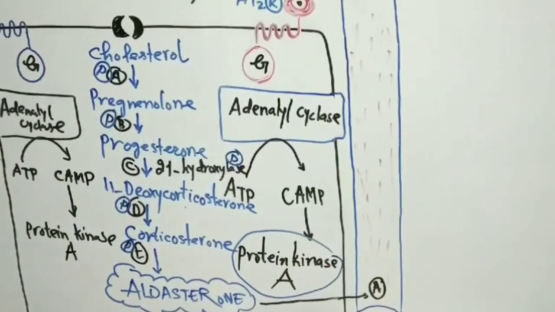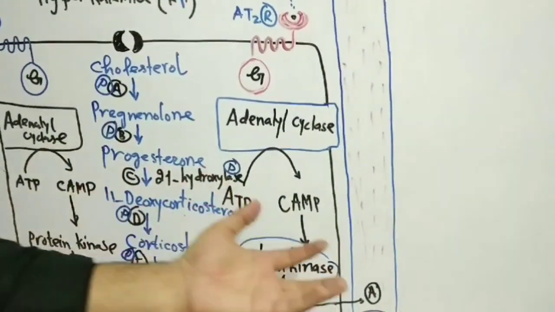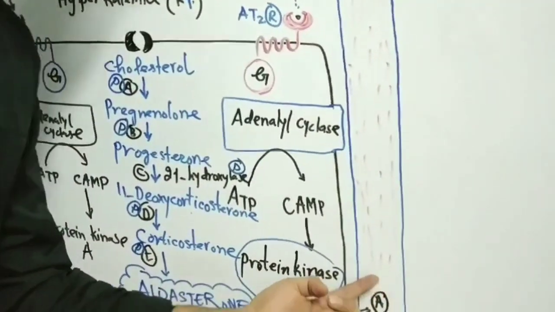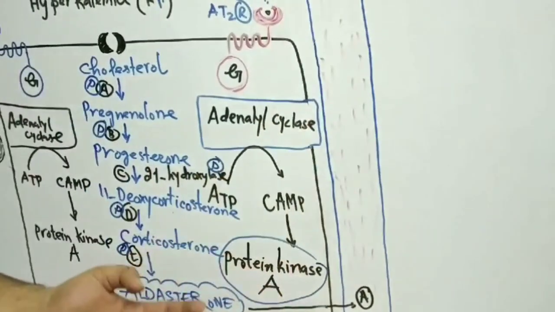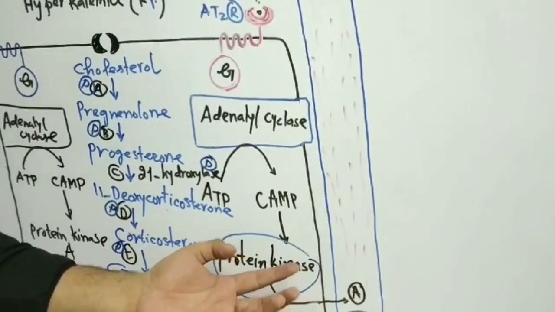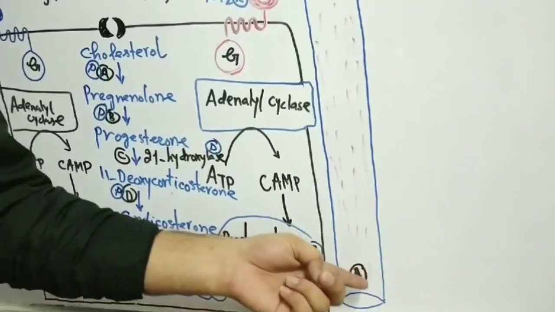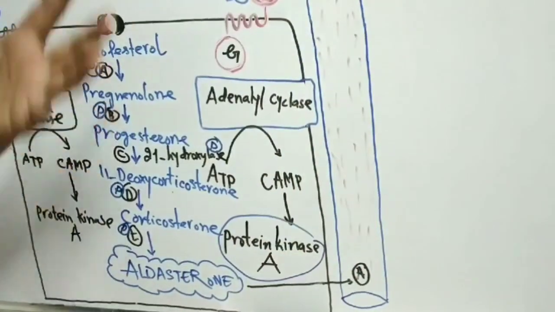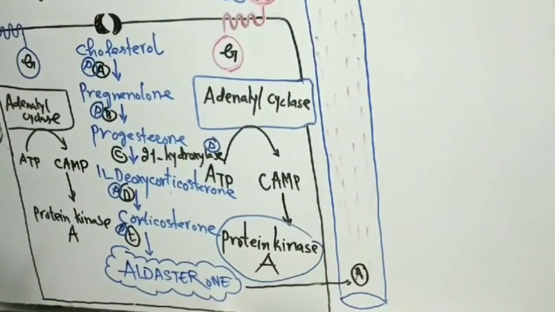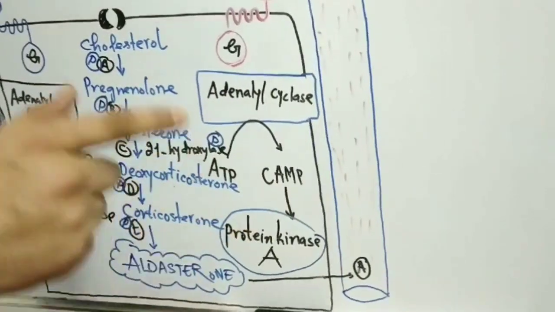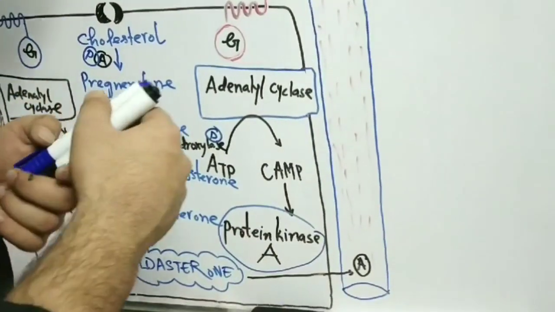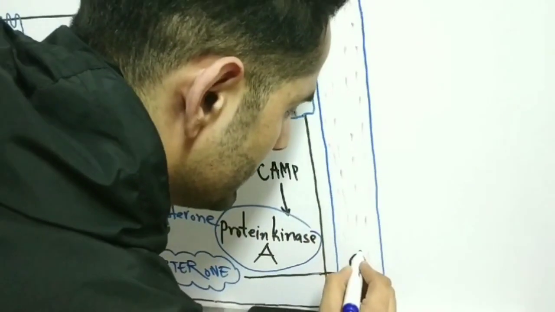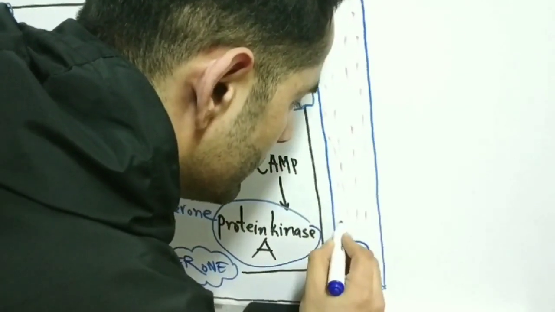Now the steroid hormones are not able to pass through the blood from one place to another place. They need a carrier protein, a plasma protein which can transport them through the blood. There is a plasma protein which is known as transcortin.